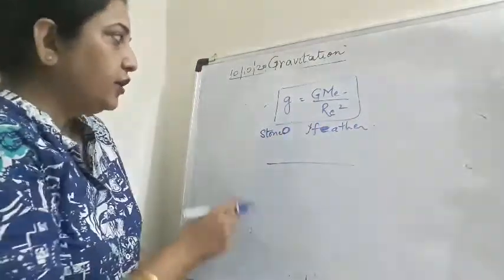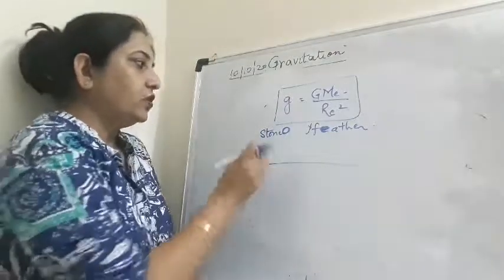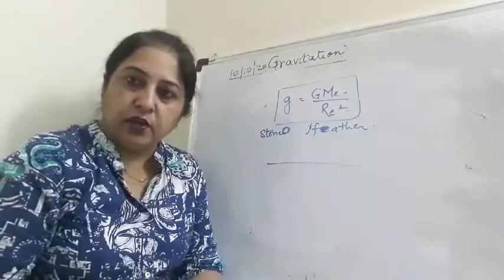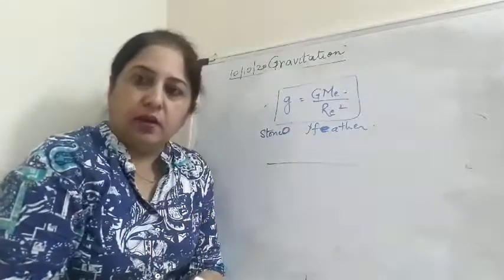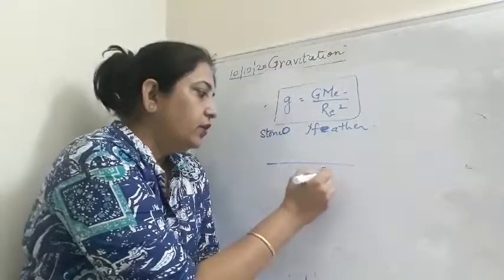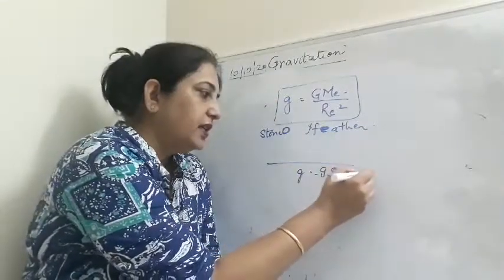So acceleration due to gravity does not depend on the mass of any object. It is the same for all, and its value is g equal to 9.8 meter per second square.